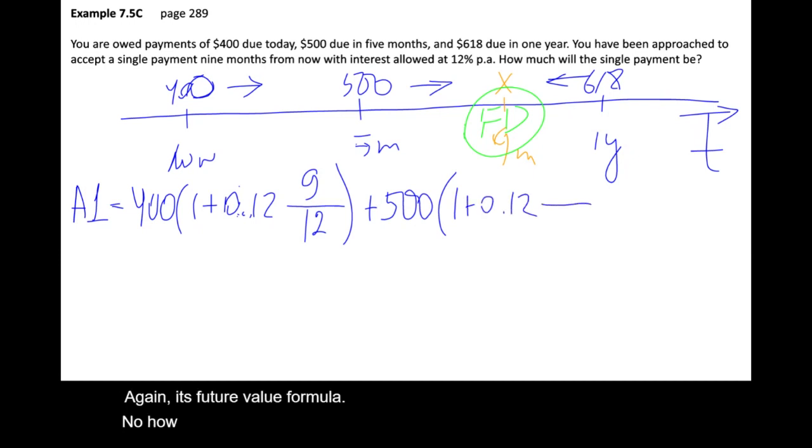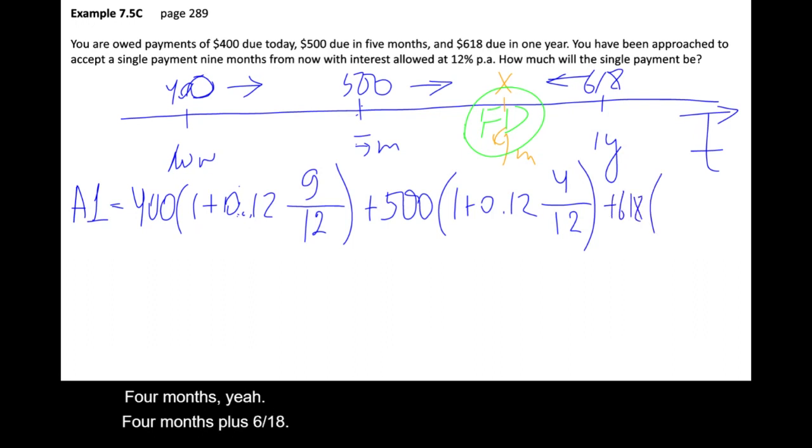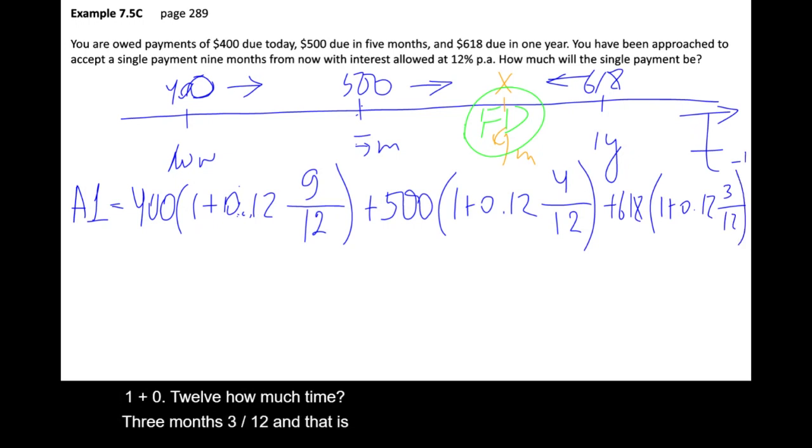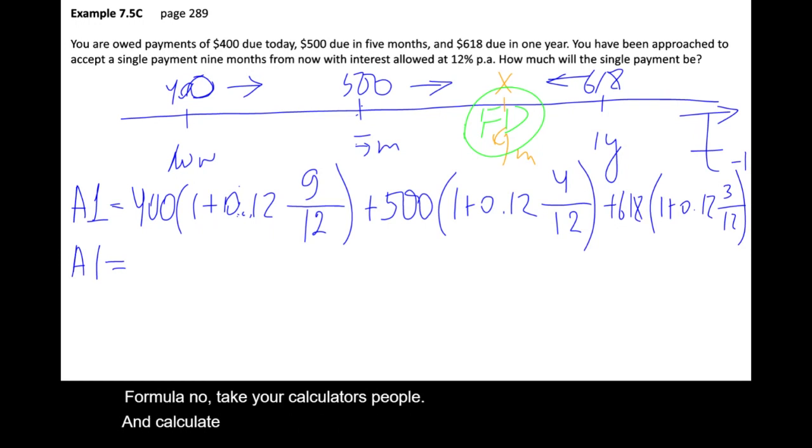How much time is the distance between 500 and the focal date? 4 months. Plus 618, 1 plus 0, over 12. How much time? 3 months, 3/12, and that is the present value formula. Now take your calculators, people, and calculate agreement 1.